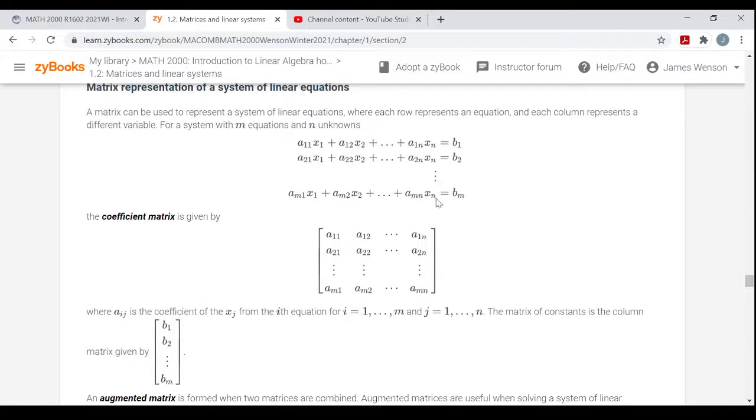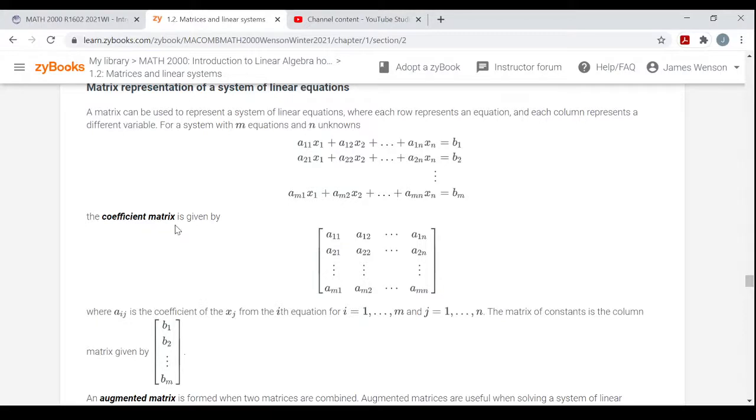You have your equal signs, and then your constants, all these b's, b1 through bm over here. So you've got to make sure that's the way the system looks before you can go into writing matrices related to that system.